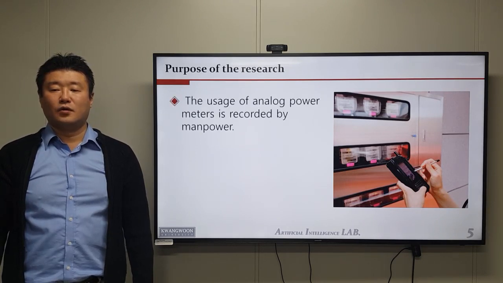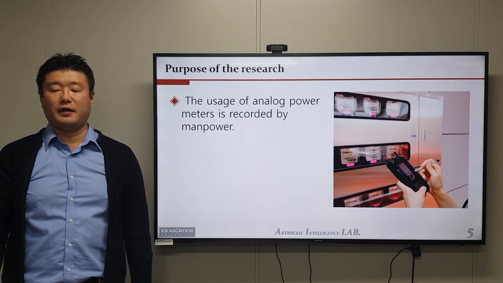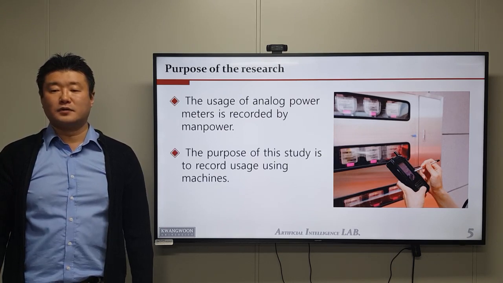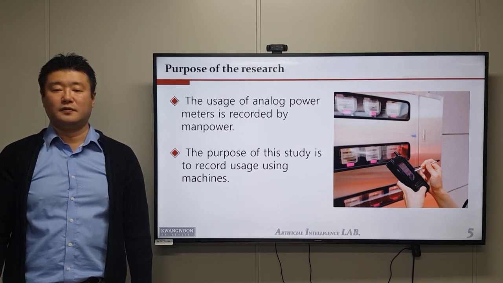The usage of analog power meters is recorded by manpower. The purpose of this study is to record usage using machines. Humans only need to take pictures with a smartphone.